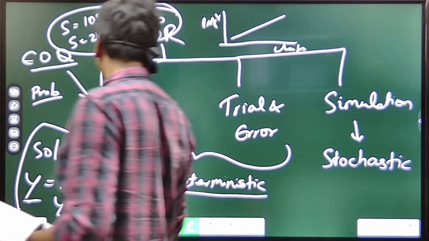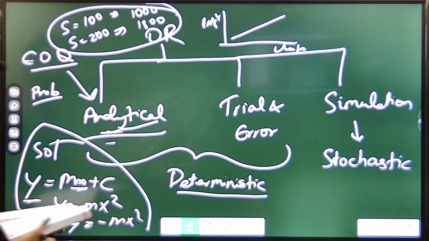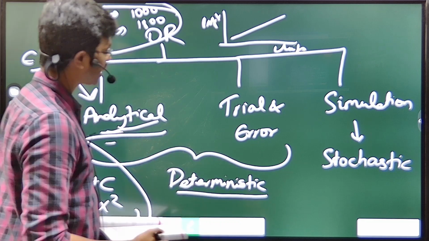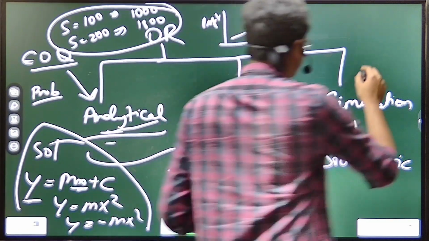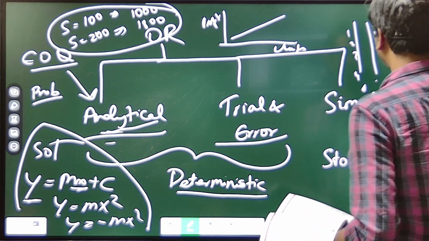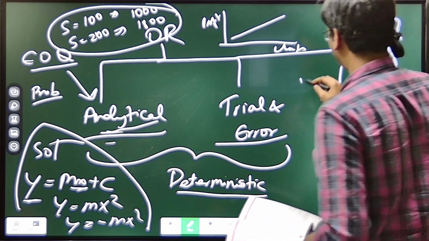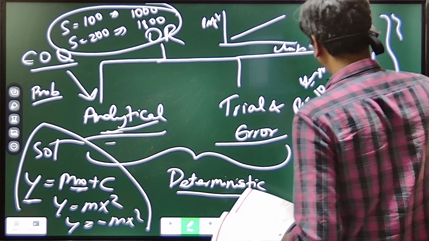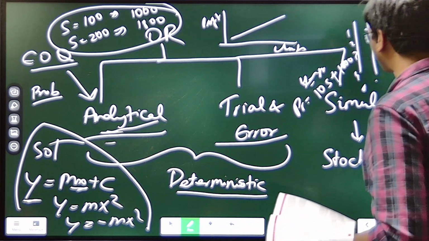And sometimes you cannot derive an equation like this directly. You do not have a method where you can directly derive the equation. So there you will use the hit and trial method, the trial and error method. He will give you the profit at so many levels, 1, 2, 3, 4, 5, and then you are supposed to make a model. So you form some kind of equation, say profit equal to 10 into sales plus 1000, and you try plugging in the values.